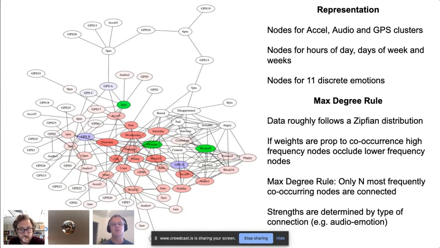And so what we did is we introduced this max degree, so any given node can only be connected to n of the most frequently occurring nodes, and after that there are no connections. The strengths between the nodes were parameterized. So for, say, audio to emotion links there is one strength, another strength for, say, time to location links, and so forth, and that was optimized.